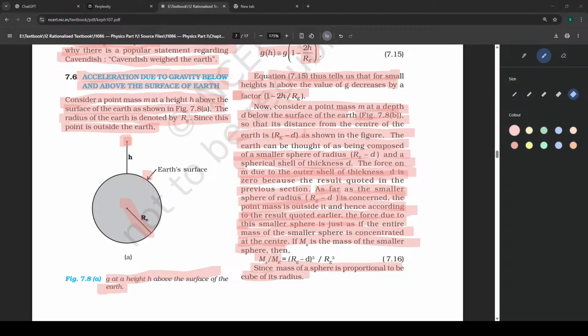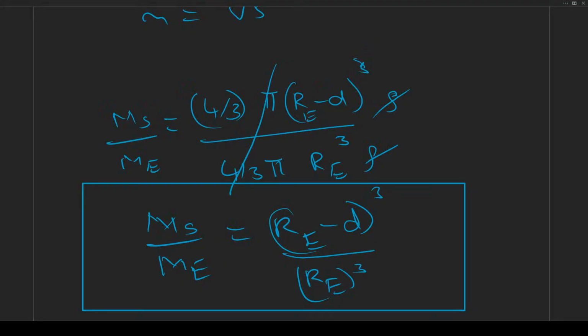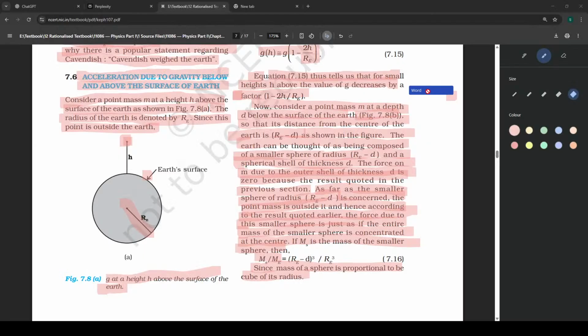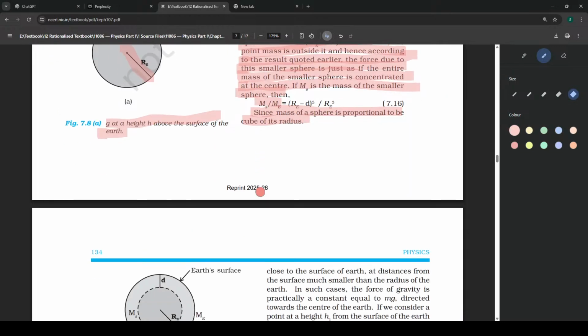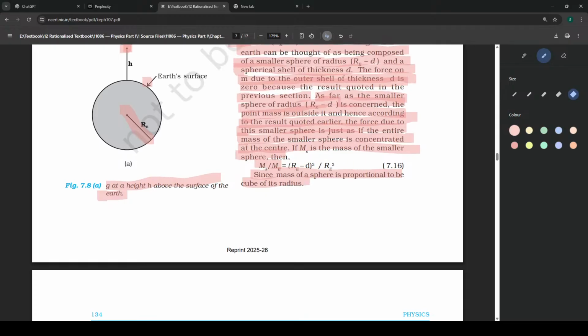Let's go back. That's why we got this equation here.